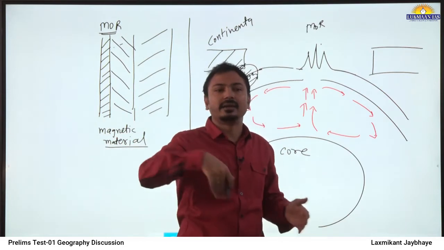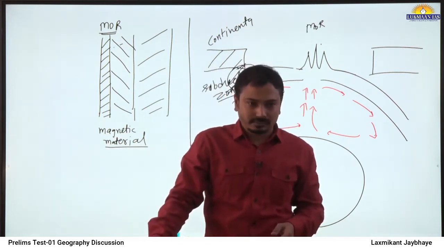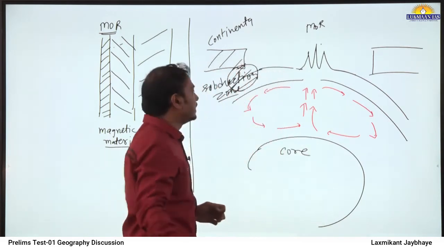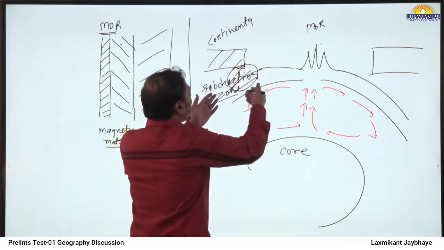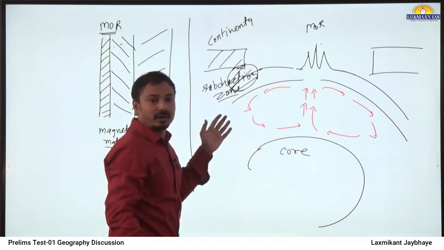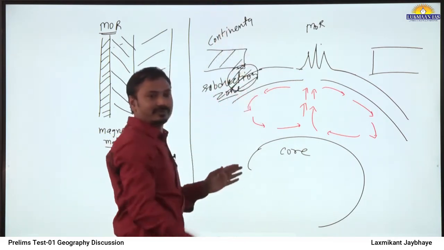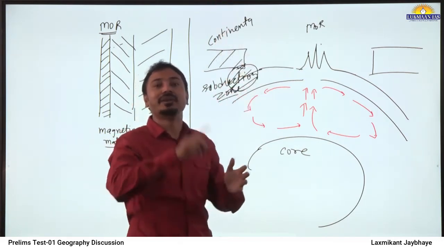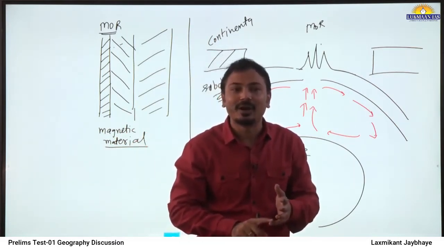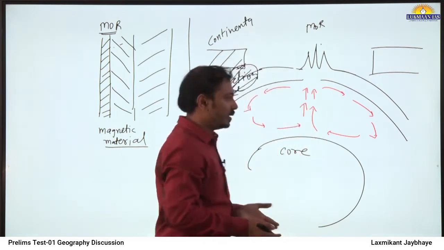This is how the cycle continues. Due to convection currents, it will be continuous. Many times, a huge amount of magma is created because of subduction. That magma tries to move in the upward direction because it has gas and water vapors with it, and it tries to suddenly come upward.